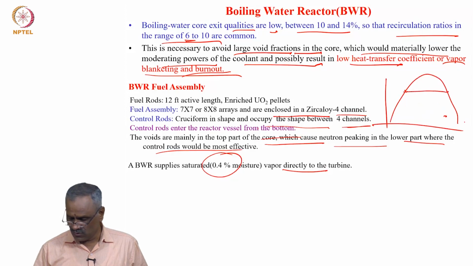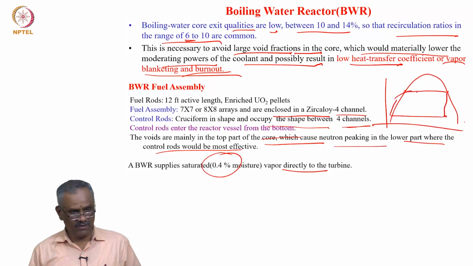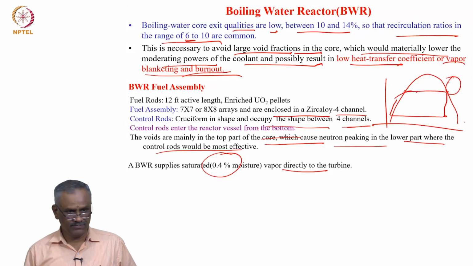So, it is not completely 100% dry steam, you have 0.4% moisture, that means it is a 99.6% steam dryness fraction, and it is expanded like that, and then it goes like this. There is no superheating here in this case.